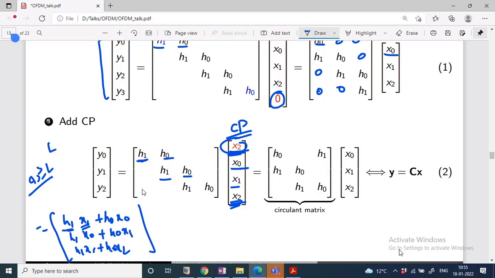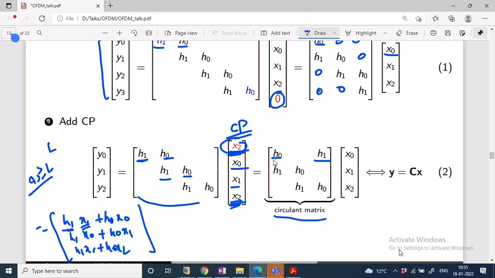So I can write this matrix in this form: H0, H1, H0, X1, cyclic prefix. That is generally a rotation of this one. So we can write it as a circulant matrix: H0, H1, then H1, H0. This is called a circulant matrix, with data X0, X1, and X2.